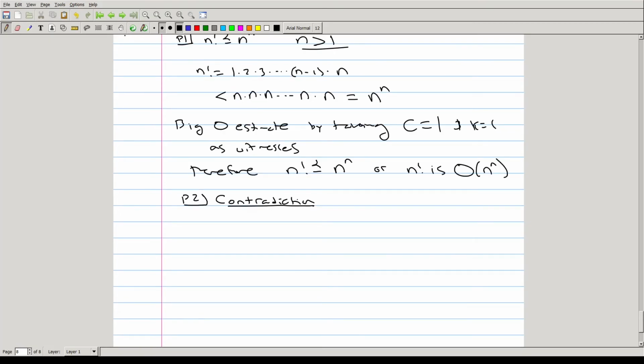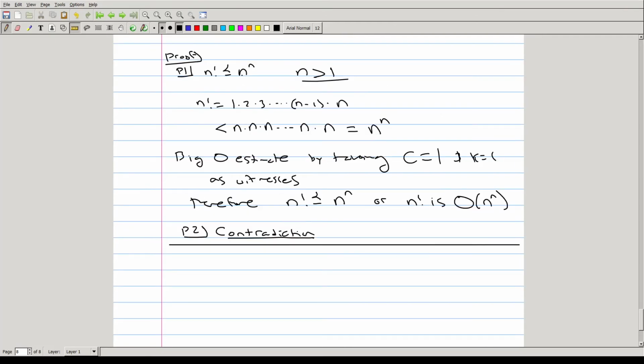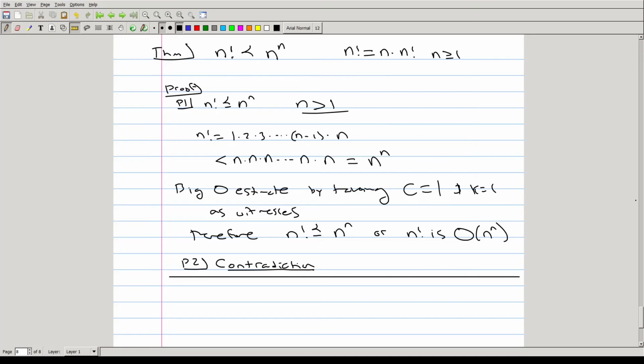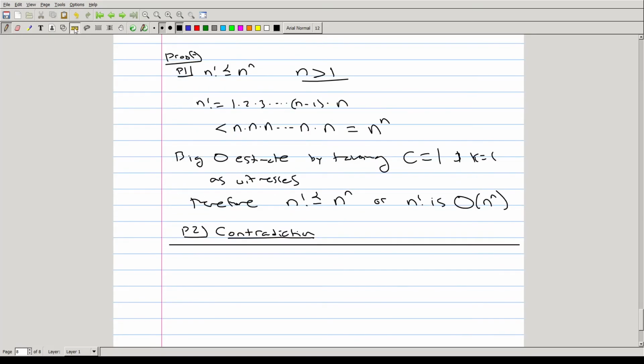Now that we've proved this theorem, we actually have an interesting corollary from this theorem, and that's that we get almost a free domination estimate. And this is the following.